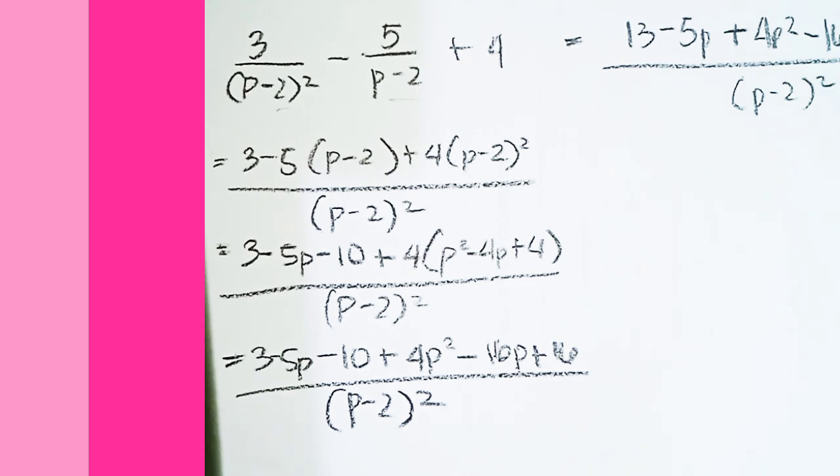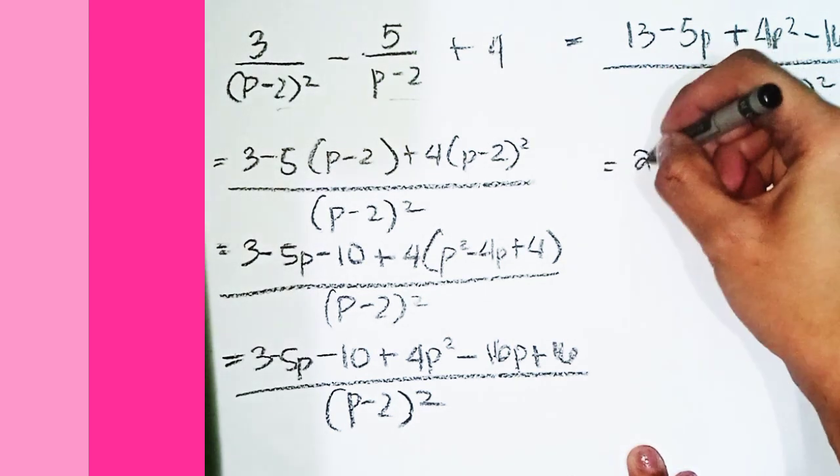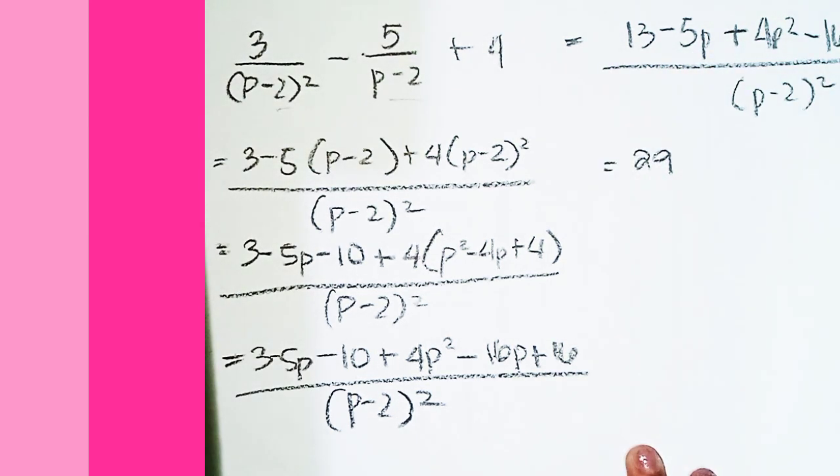Next is to combine like terms. So we have 13 plus 16, that would be 29.